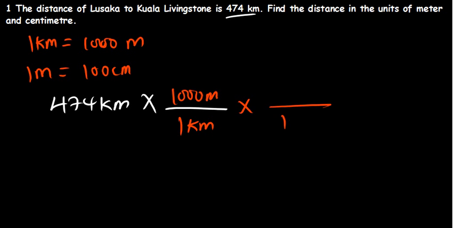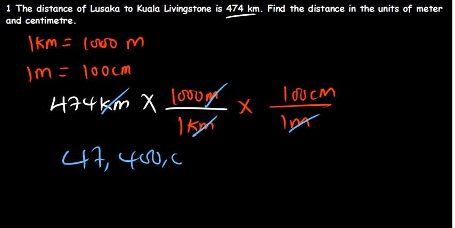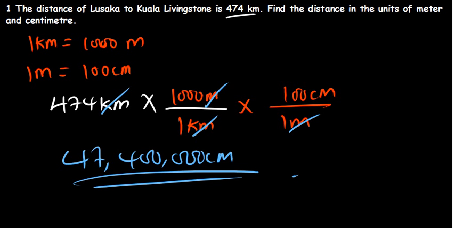Again, I'll say in 1 meter I've got 100 centimeters. What does it mean? Km and km will go, meter and meter will go, meaning I have got 474 times 1000 times 100. I'm still getting the same one, 47,400,000 centimeters. As simple as that. So that is it for question 1.